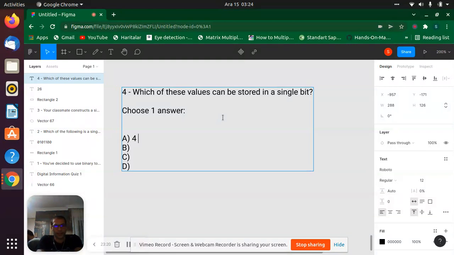We need other bits, right? How can we represent this with 1 bit? So 1 bit can be 0 or 1, two possibilities, but for 4, if our decimal number is that, we need more bits, right?